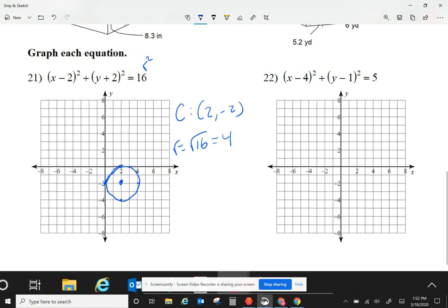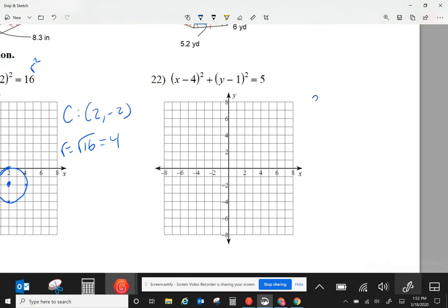Same thing for number 22. My center of the circle is 4, 1. My radius is the square root of 5, which we know is 2 point something. So I'm going to put my center of the circle at 4, 1. When you graph it, I expect you to go a little more than 2, but less than 3.